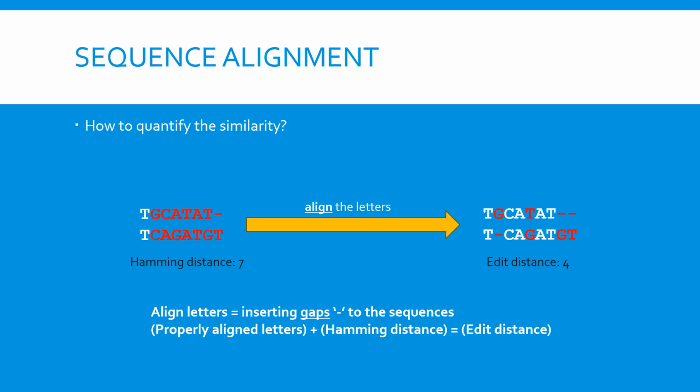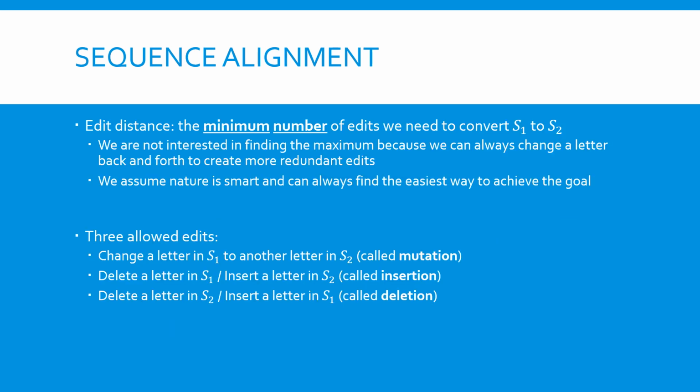First, aligning the letters, then computing the Hamming distance. The representation shown on the right-hand side of the arrow, which highlights identical and mismatched letters, is called the alignment between two sequences. Hence, we name this problem sequence alignment.